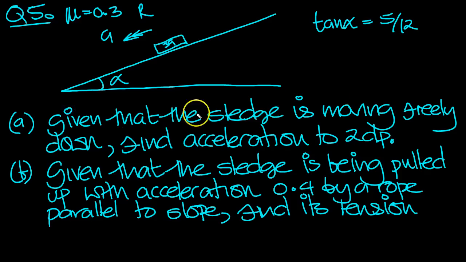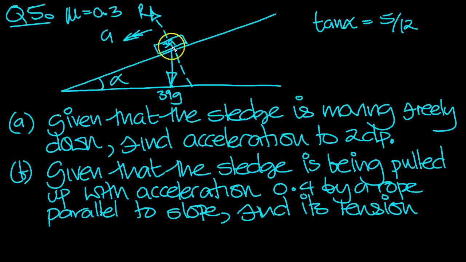So we first need to, it's moving freely down, so it's going to move down under its weight, isn't it? So this is 39 mg. Then we've got a reaction here. Let's put it in, perpendicular to the slope. This would be R, which I've labelled there.